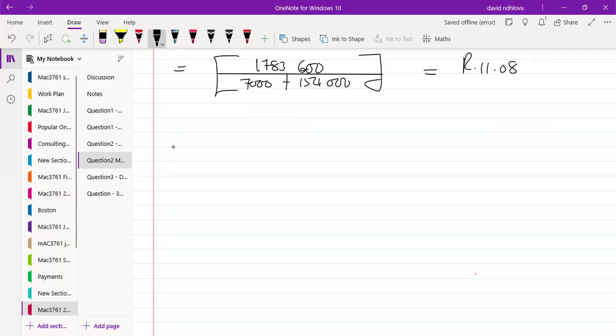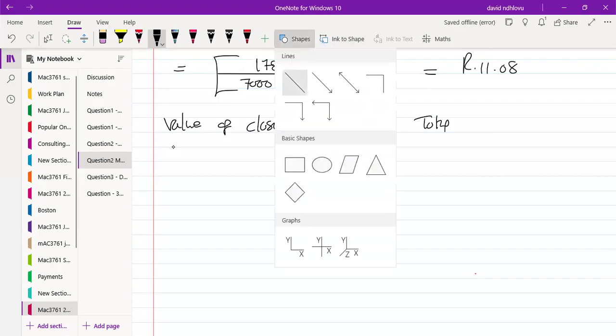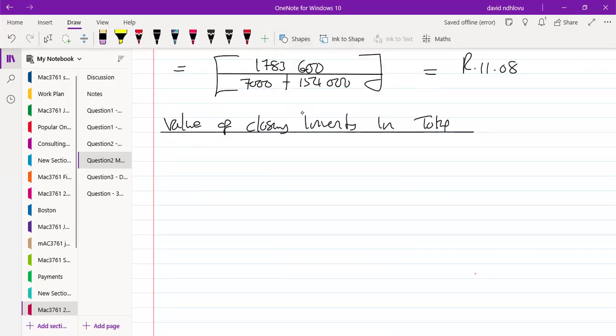Now, if I want to calculate the value of closing inventory in total, it will have to be the number of closing units multiplied by the cost per unit.